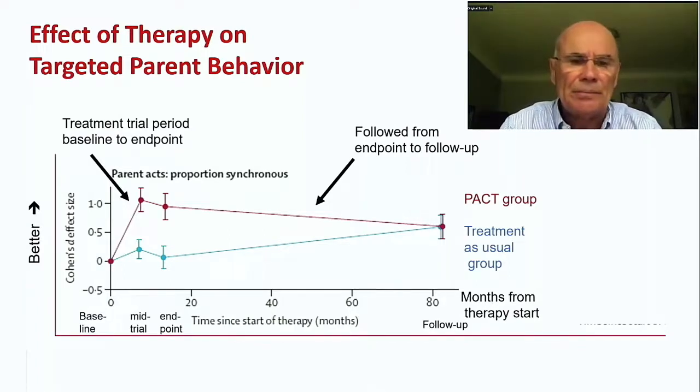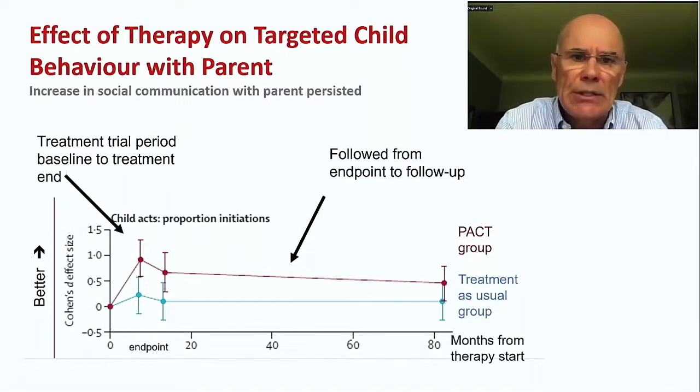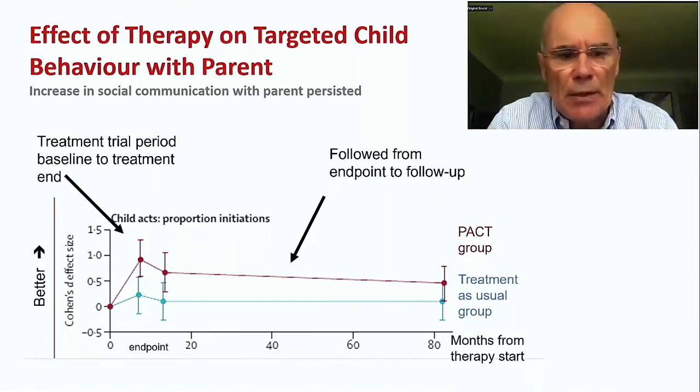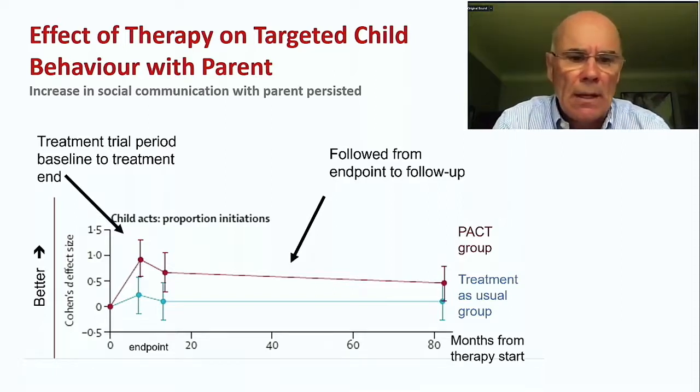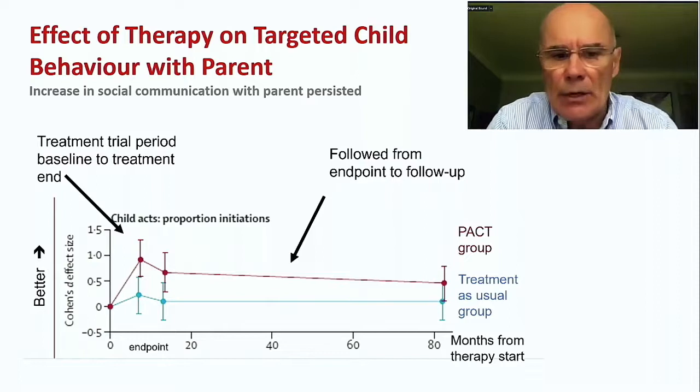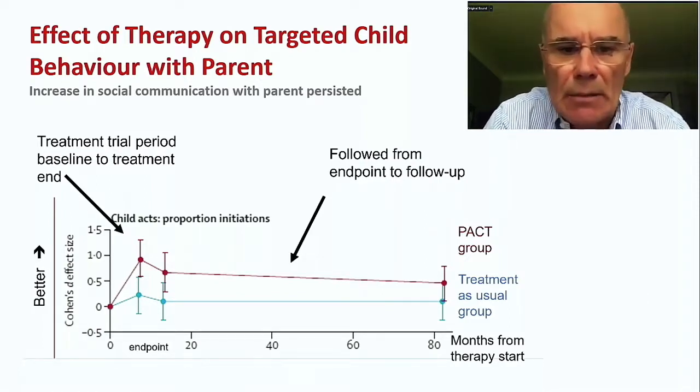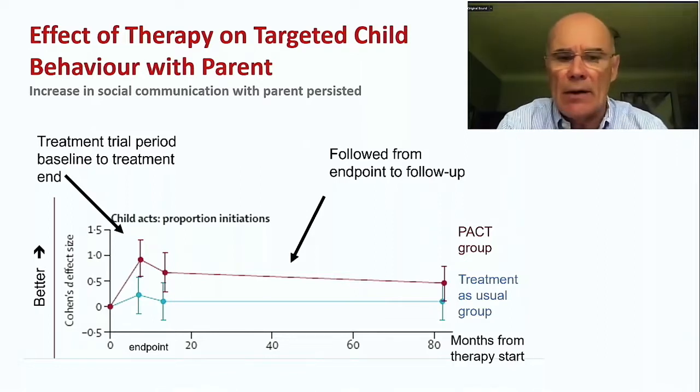Then when we look at the child's behavior with the parent, what we see, again, with the red and the blue lines representing PACT and treatment as usual, is that in the PACT group, the children are socially initiating and communicating more with their parents during the course of therapy.